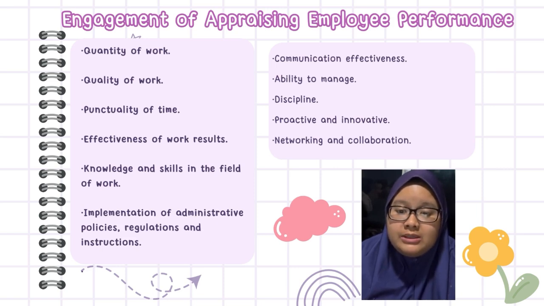Discipline. Employee must have mental and physical self-control, including following the rules, being punctual, and patient. Proactive and innovative. The person must be able to anticipate possibilities, create and produce new ideas, and make innovations to improve the quality and productivity of the organization.